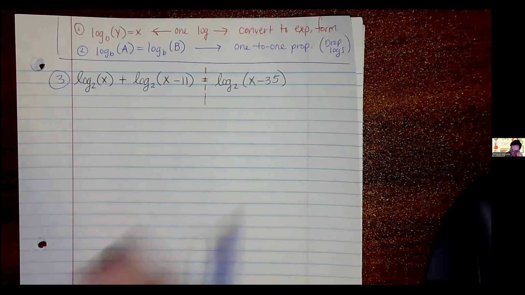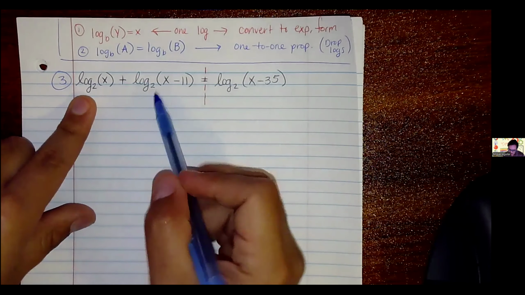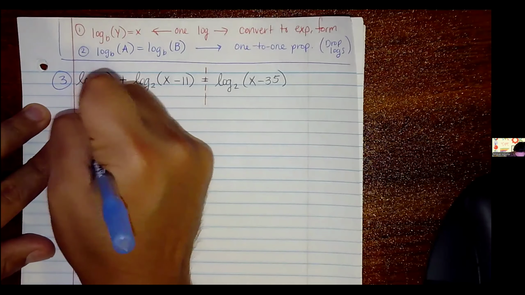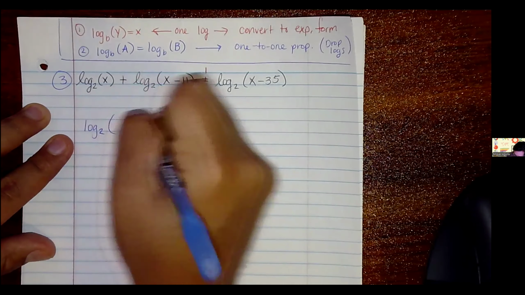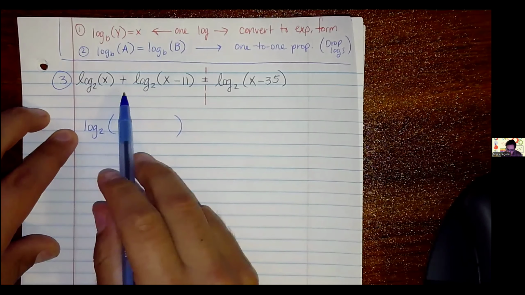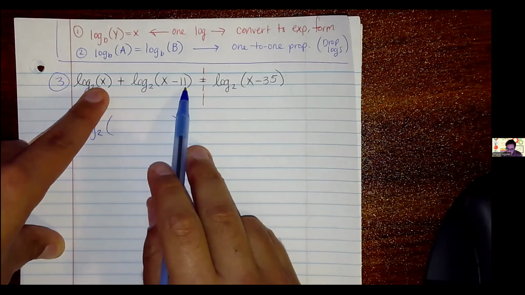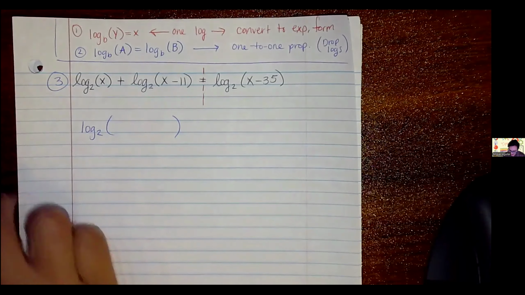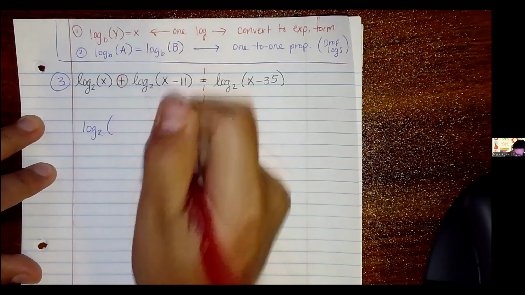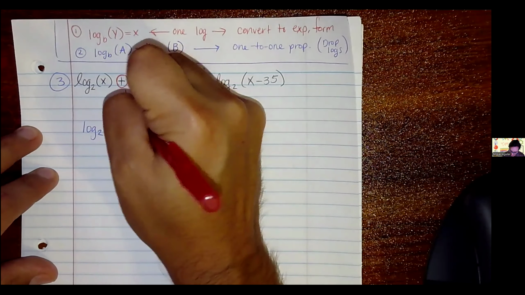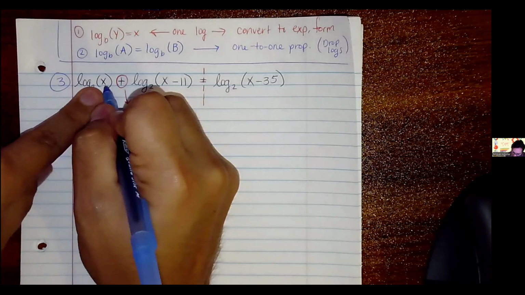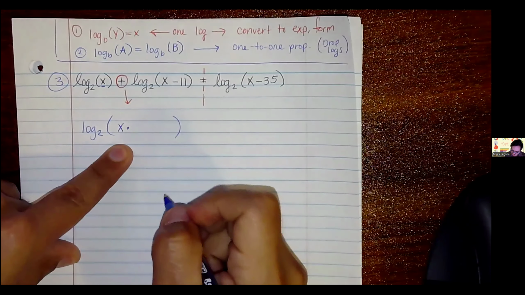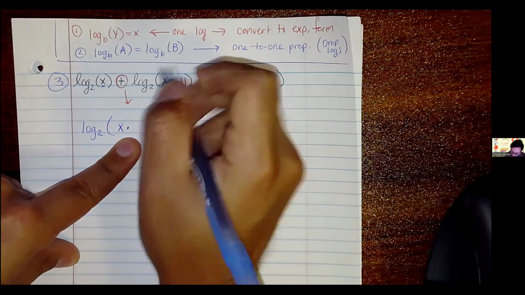Because in the previous homework, you said to yourself, if I have 2 logarithms that have the same base, I can combine them into a single log base 2. But now, what do I do with the stuff that was in the parentheses? Multiply. I multiply them because I have addition here, right? So that addition tells me I need to take this x and multiply it by this x minus 11.